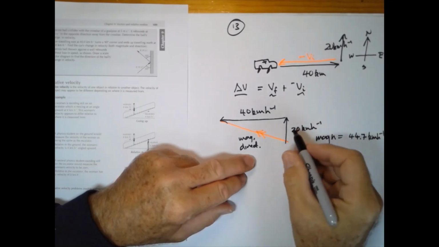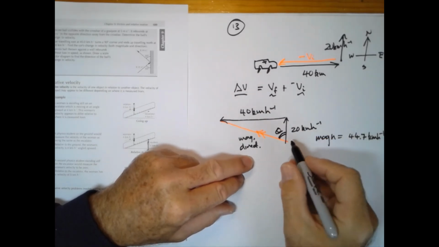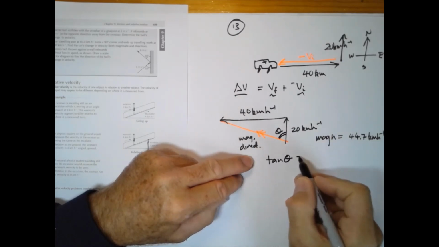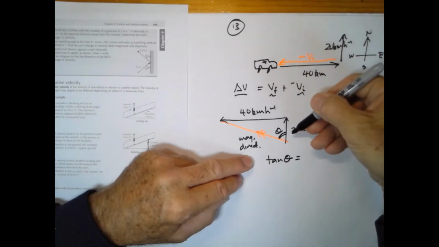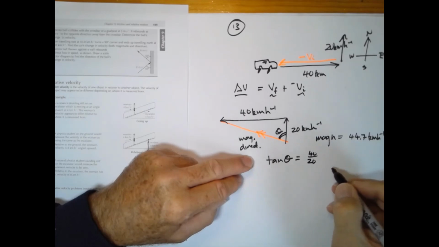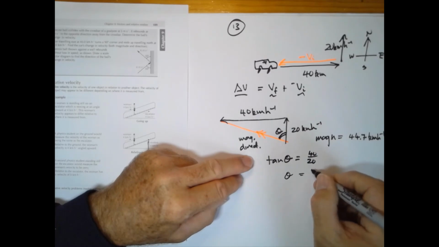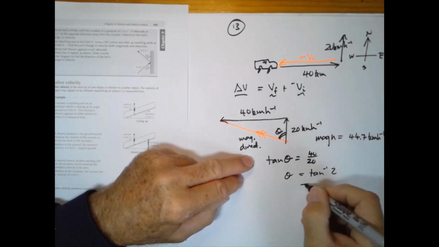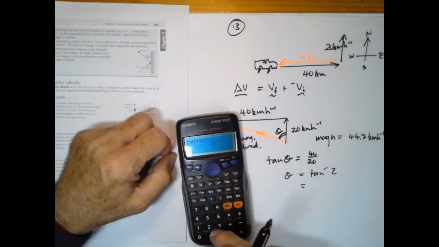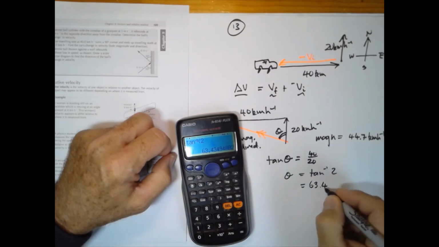And the direction, let's look at this direction. Let's look at this angle here. And let's use the tangent. And we'll say tangent of theta is equal to opposite over adjacent is equal to 40 divided by 20. So theta is equal to the inverse tan of 2, which is equal to 63.4 degrees.